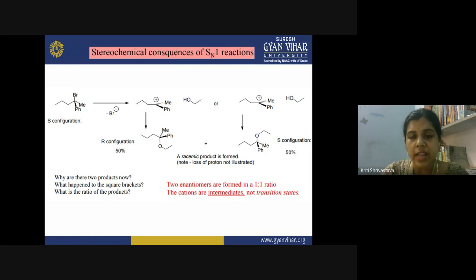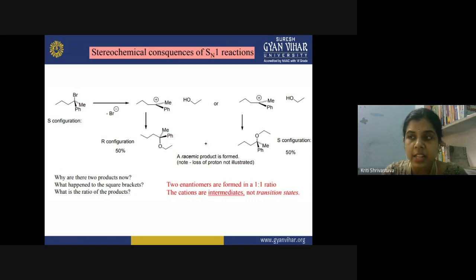So the two enantiomers are formed in a 1:1 ratio, and the cations are intermediates, not transition states. You should understand the basic difference between an intermediate species and a transition state. Whenever an intermediate is formed, it has a little bit lower energy and higher stability as compared to the transition state.